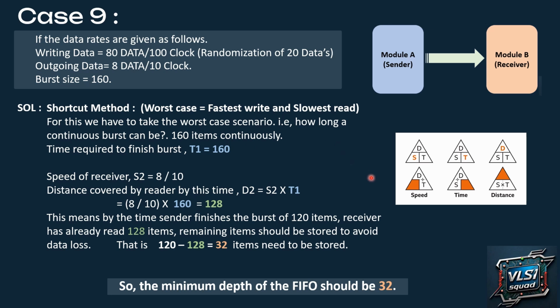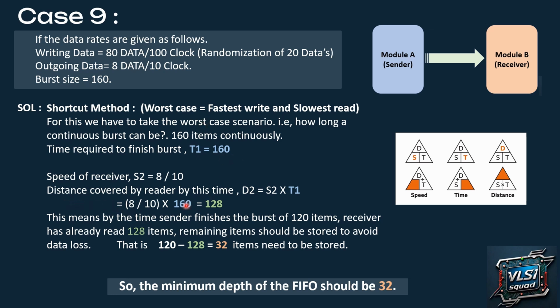Now if we solve it by our shortcut method, what is the worst case scenario? Worst case scenario is fastest write and slowest read. So the fastest write is 160 by 160 instead of 160 by 200. It is 160 by 160 is the fastest rate, the maximum possible rate we can get from the writer's side. So 160 is the time required for the writer to write 160 data items. The speed of the receiver is given as 8 by 10.